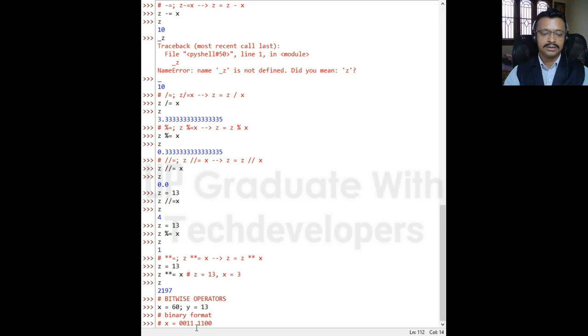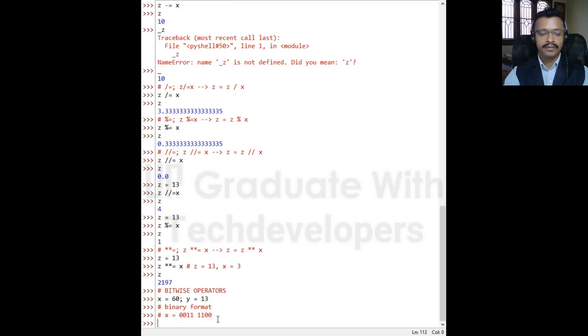Let us separate the bits exactly. Next, y can be represented as 0000 1101.